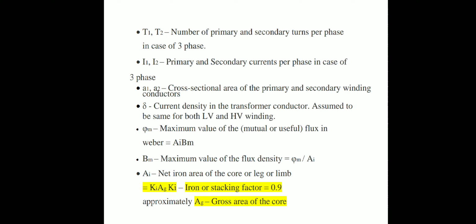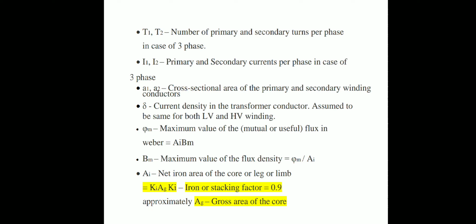Now coming back to nomenclature, T1 and T2 is your number of primary and secondary turns per phase in case of three phase. I1, I2 is your primary and secondary currents per phase. A1, A2 is your cross sectional area of the primary and secondary winding conductors. Delta is your current density in the transformer conductor, assumed to be the same for both LV winding and HV winding.